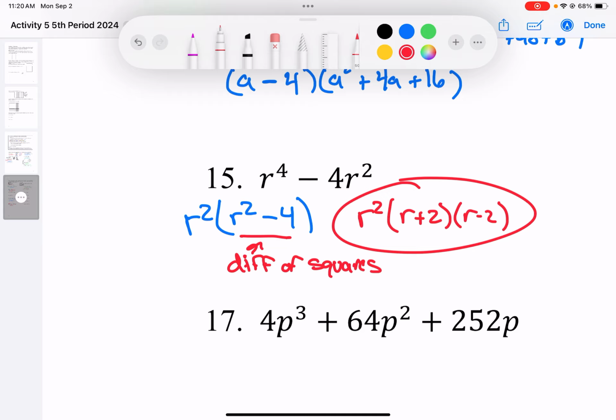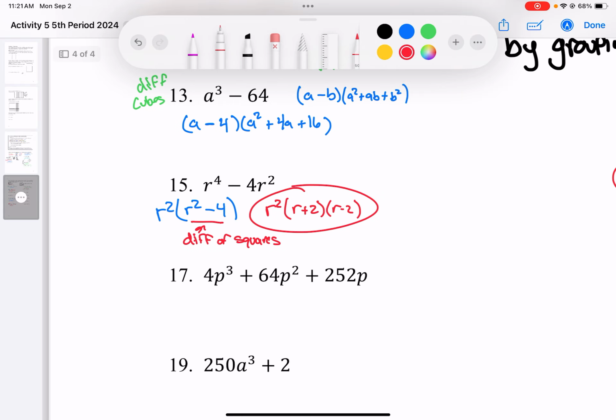Be sure you're factoring everything out that you can. This one you're going to factor out a 4p. And then so it'll be p squared plus 16p. And then that's a big number. I just use a calculator. Do 252. Let's see here. Grab my calculator.